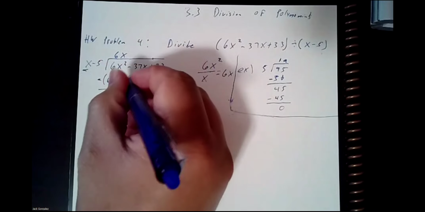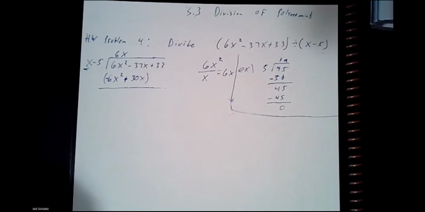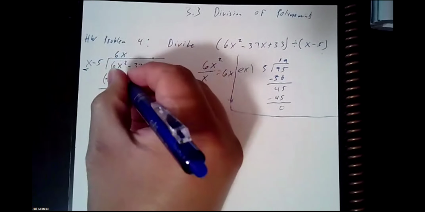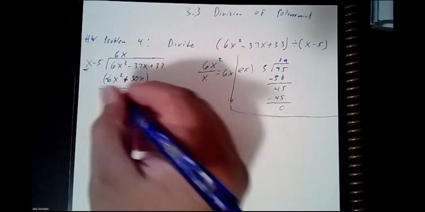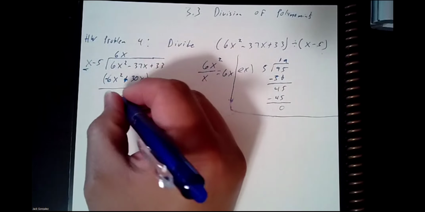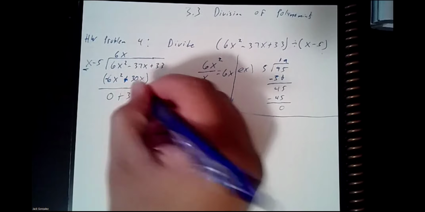Because when you have a minus in front of parentheses, everything switches inside. So 6 minus 6 is 0. Negative 37 plus 30 is a negative, no, positive 3.